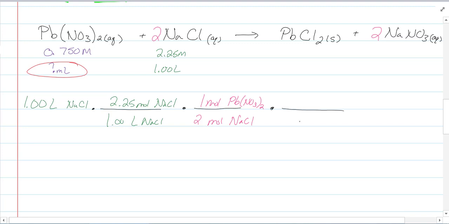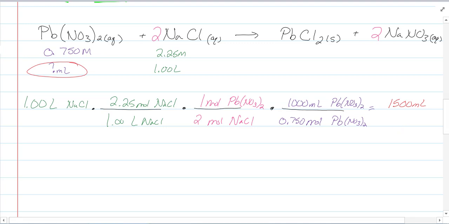Moles of lead 2 nitrate. And we want milliliters on top. Do I have a mole to milliliter conversion? I sure do. And that is 0.750 moles of lead 2 nitrate is 1,000 milliliters. So if we do this, I get 1,500 milliliters.